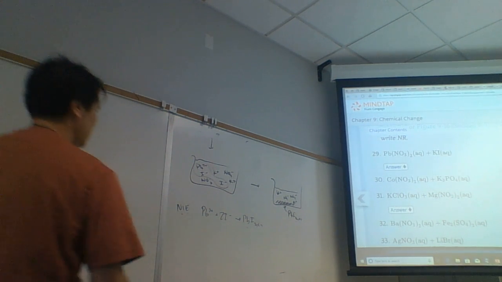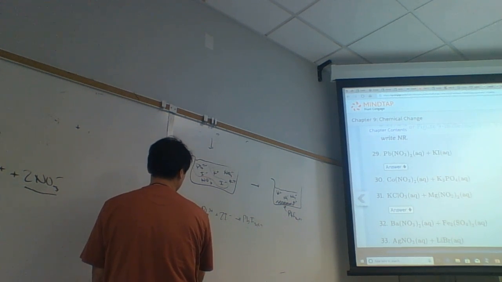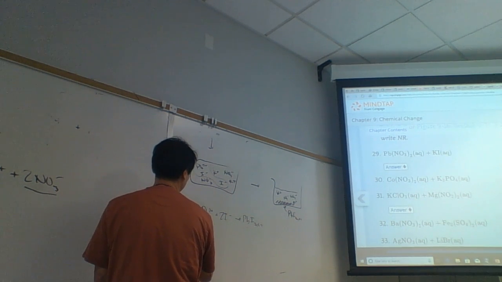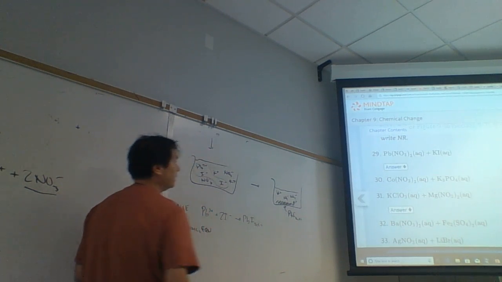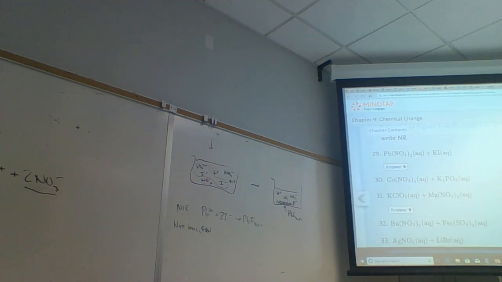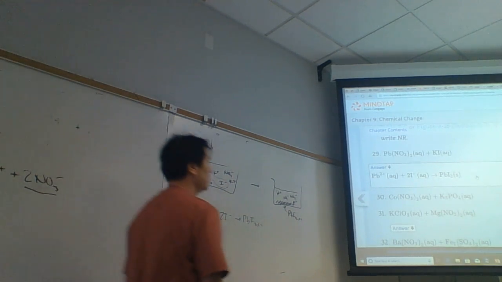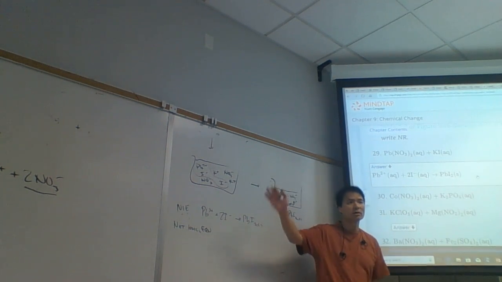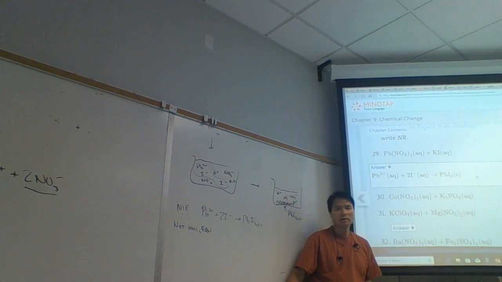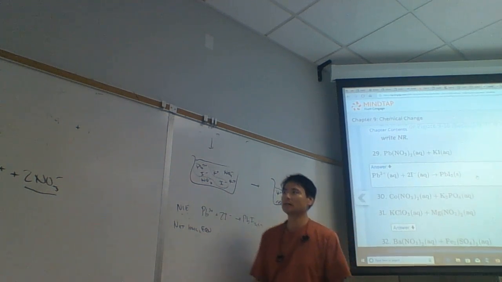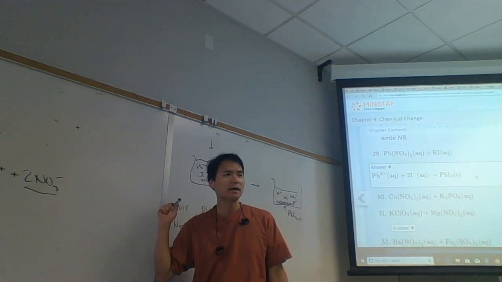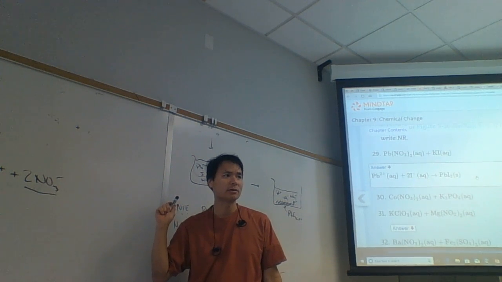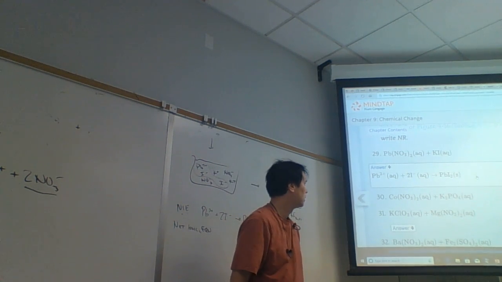And this is called the net ionic equation, the NIE. So in this homework assignment, they just want the net ionic equation. But in order to get the net ionic equation, we had to go through all the equations. On the test, I'm going to ask you to write things like the CE, the IE, and the NIE, net ionic equation. In the homework, they had you skip.